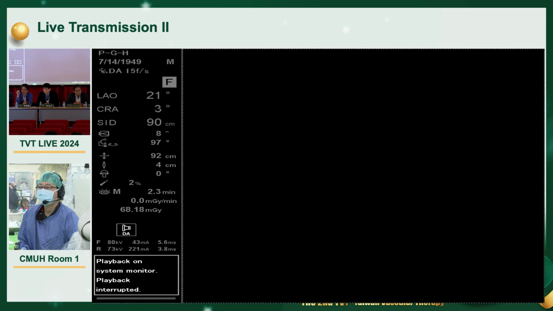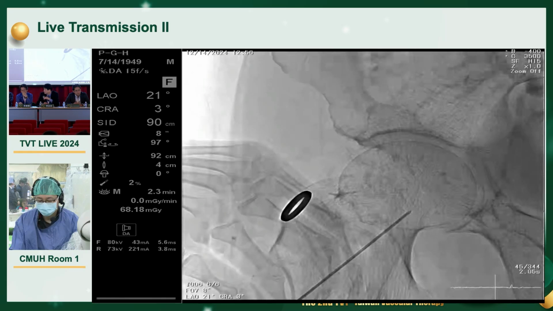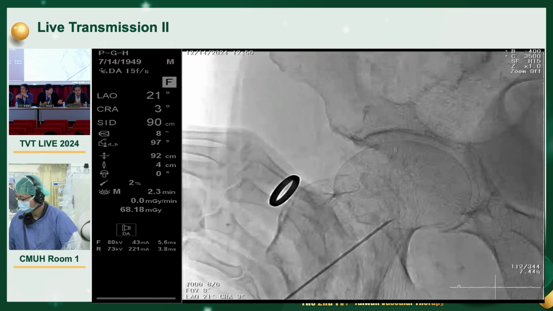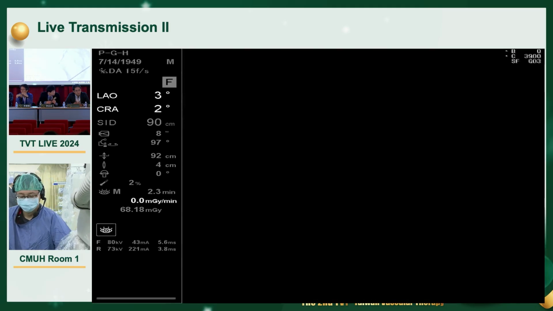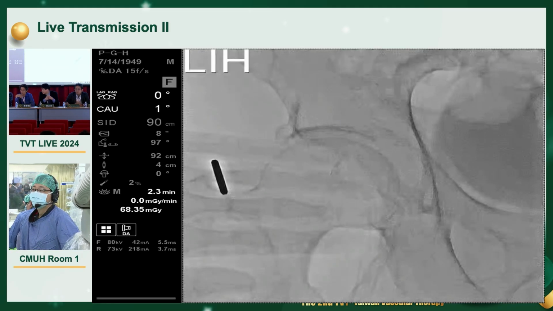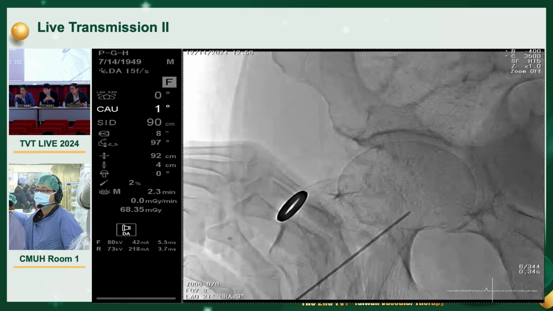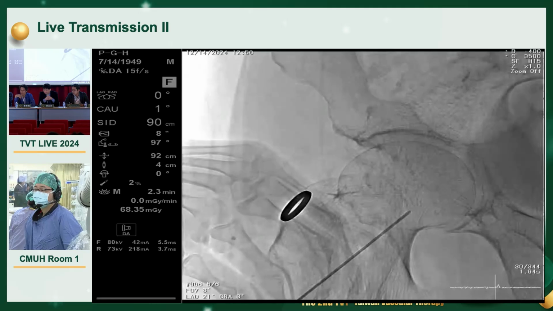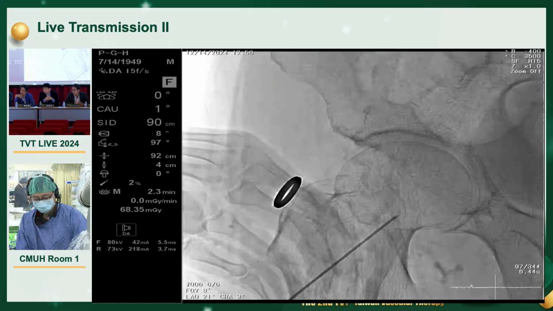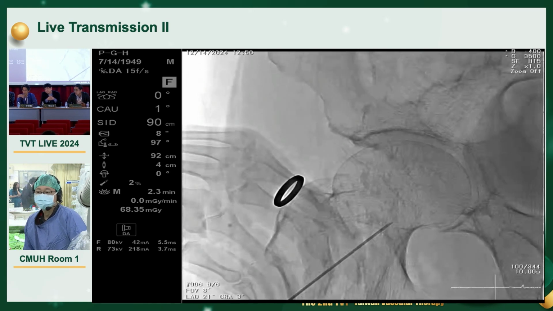Do you have any comment about the right femoral anterior puncture? Anyone has any suggestion or comment? I think there are two kinds of this kind of puncture. One is fluoroscopy guide. Another one is echo guide. And the common femoral vessel is very big, so I think echo guide puncture is very easy for this.